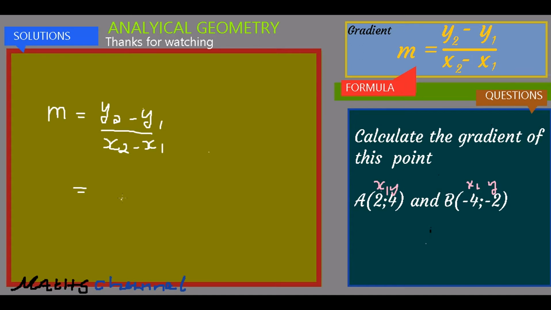Okay, let's say this one is our 2, this our 1, so y2 is 4 minus minus 2, over 2 minus minus 4.